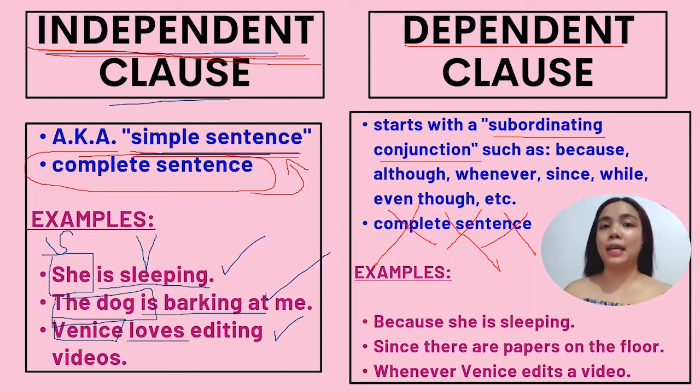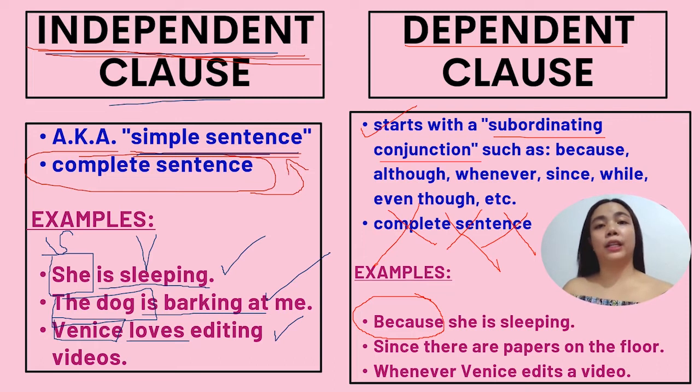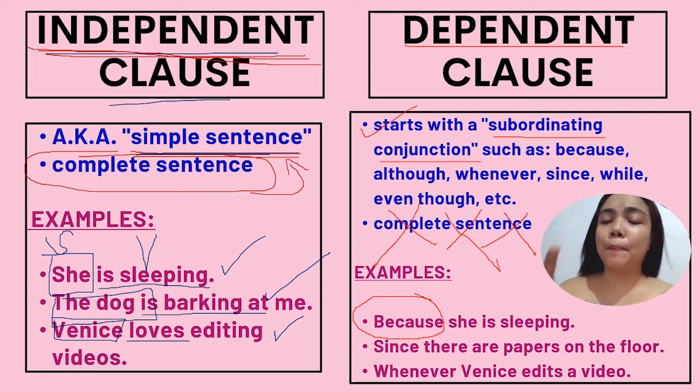Now, what do I mean? If you're going to look at the first example here, because she is sleeping. This is a dependent clause because first, remember, it starts with a subordinating conjunction. And even if it's a dependent clause, it needs to have both a subject and a verb.